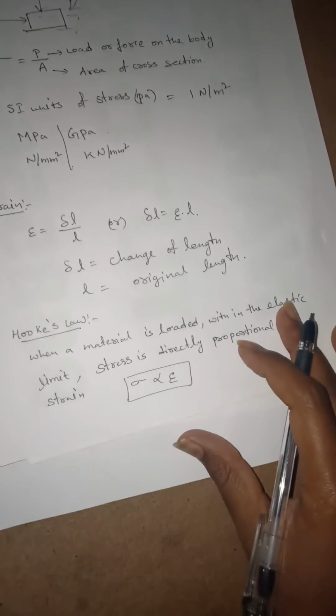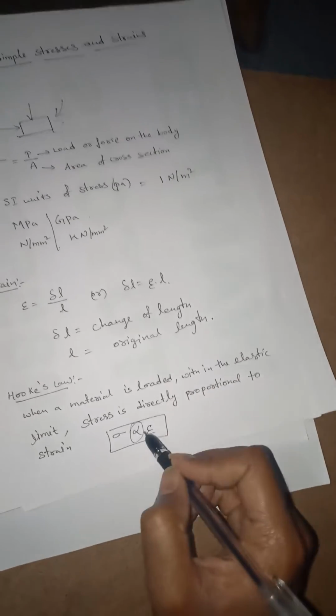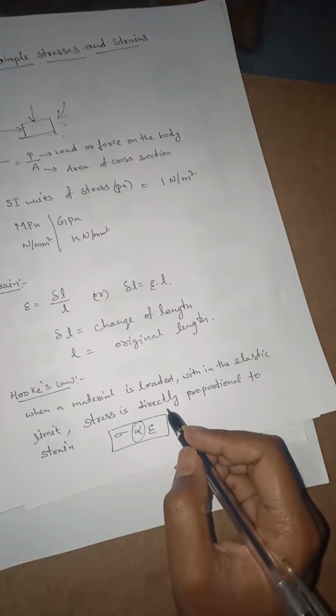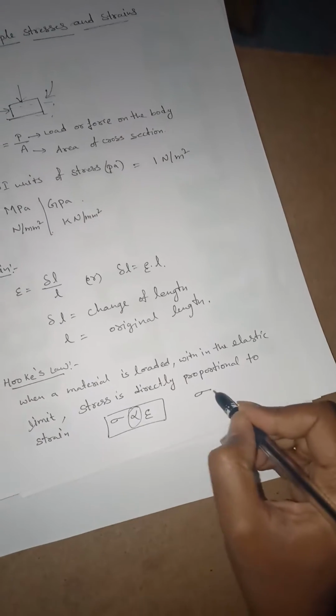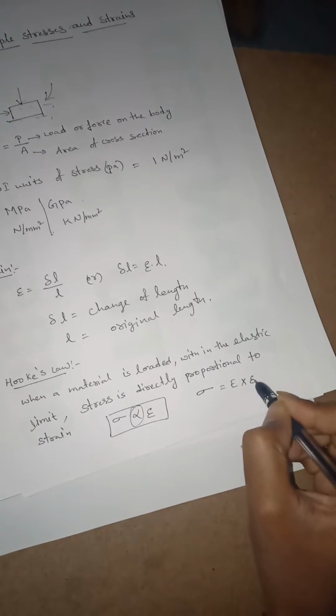Okay. So here comes modulus of elasticity. When you remove this proportionality, you will get a constant, like sigma equals E into strain.